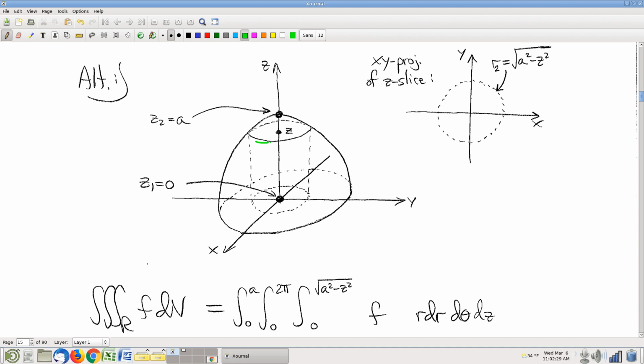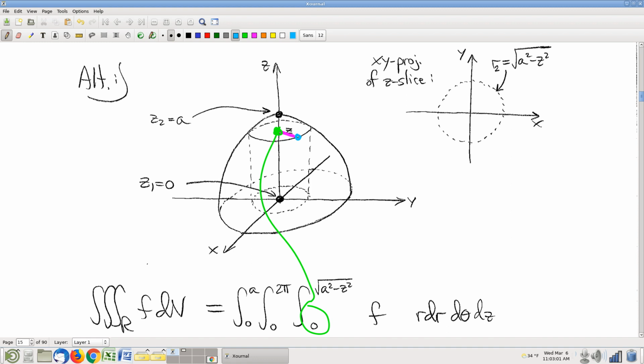For a given Z slice, theta slices. Oh, I'm sorry, I wanted to switch. Theta slices go all the way around, so theta goes from 0 to 2 pi. And then, finally, on a theta slice of my Z slice, R clearly starts at 0.